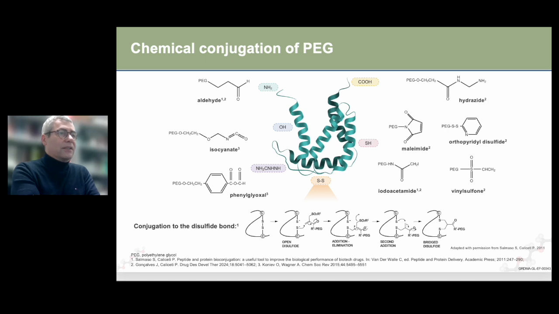the thiol groups. Conjugation of thiol groups is very interesting because thiol groups are very seldom in the protein structure, and usually they are engaged in disulfide bonds because they are exploited by proteins to stabilize the protein.